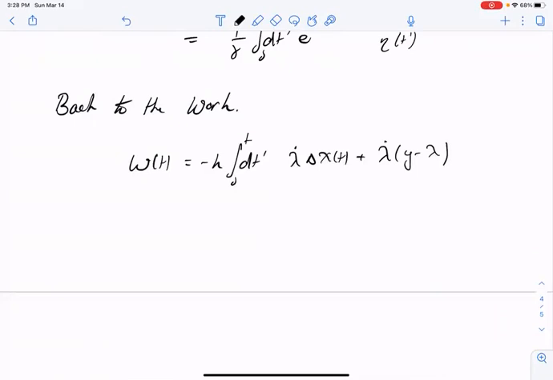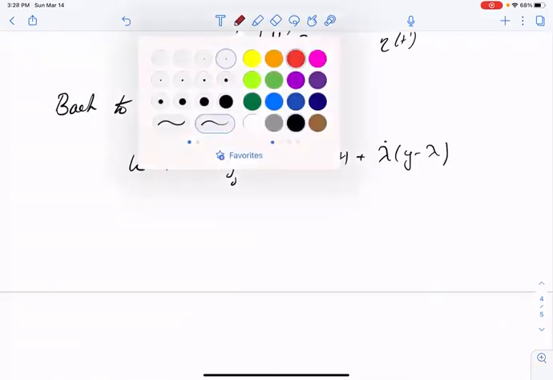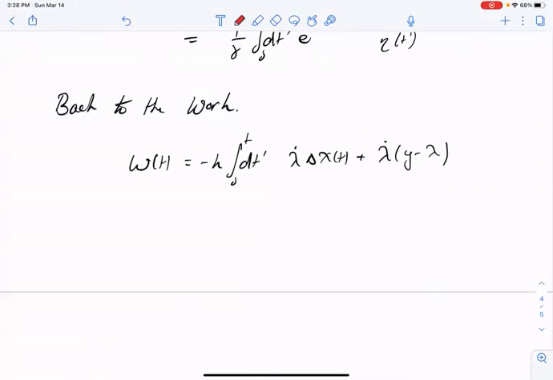Now note, the work, W, is given by an integral, a fancy way of saying a sum, of x and y. So the work is linearly related to the fluctuating variables x and y.